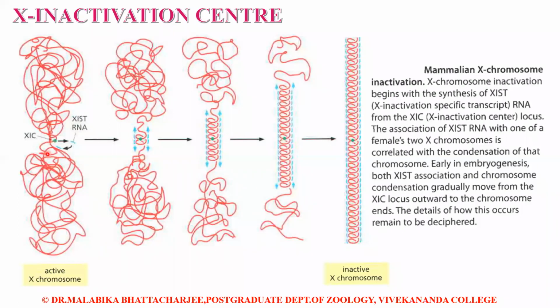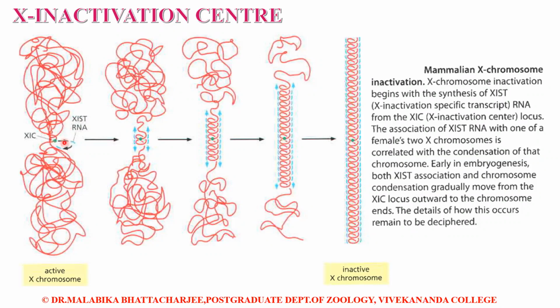The X chromosome inactivation center produces the XIST RNA. The moment the XIST RNA comes out, it targets the chromosome from which it has originated. What happens?